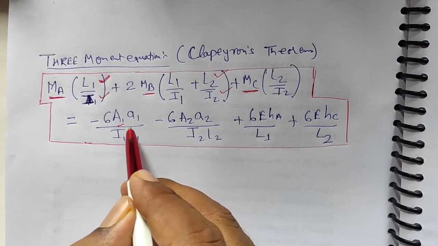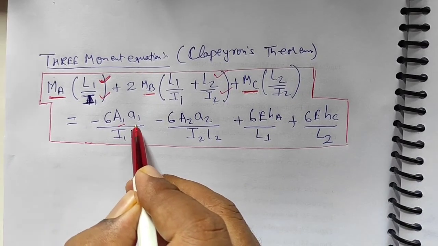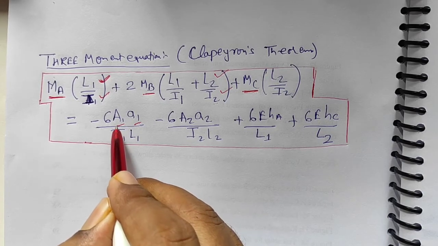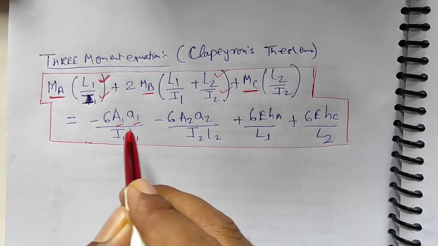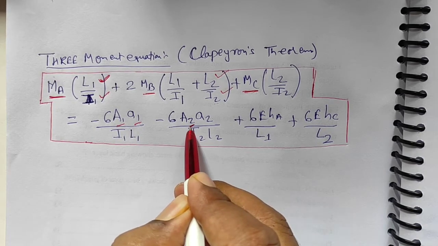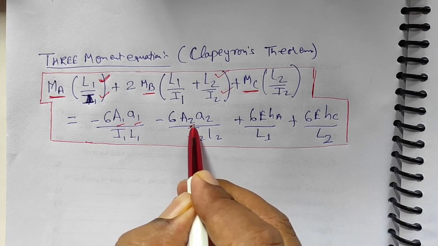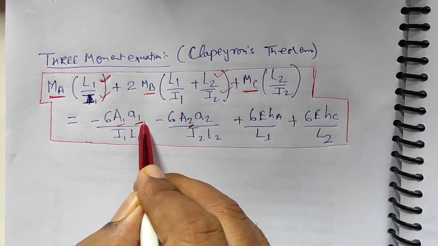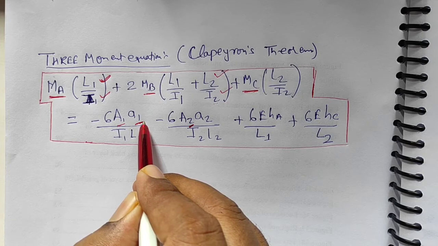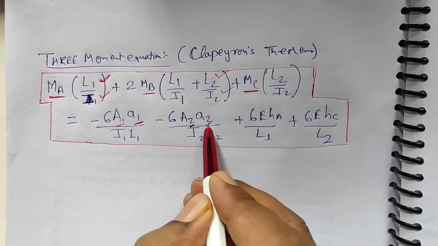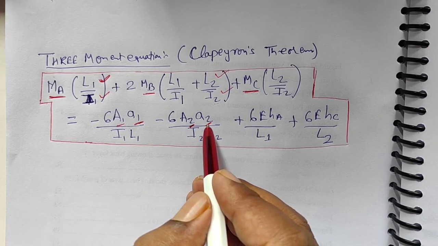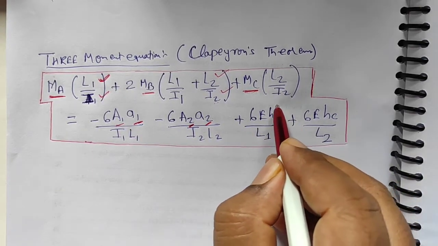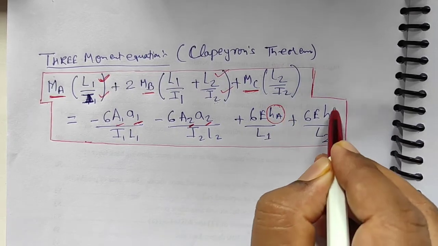Again we have capital A1 and small a1. Capital A1 is the area of the free moment diagram in the span AB, and capital A2 is the area of the free moment diagram in the span BC, and small a1 is the distance of CG of A1 from the support A. Similarly, small a2 is the distance of CG of A2 from support C. Again the new terms are HA and HC.